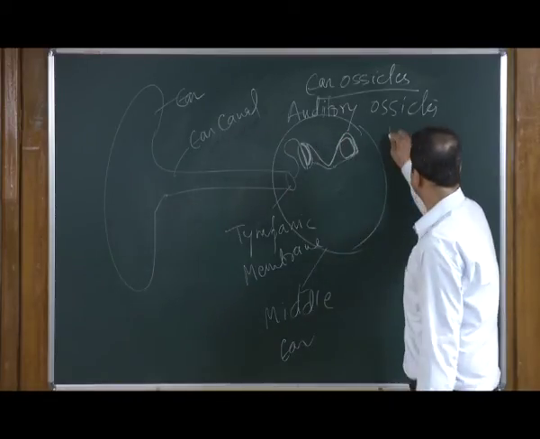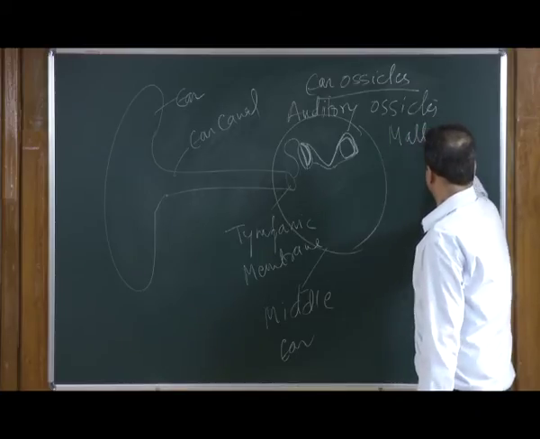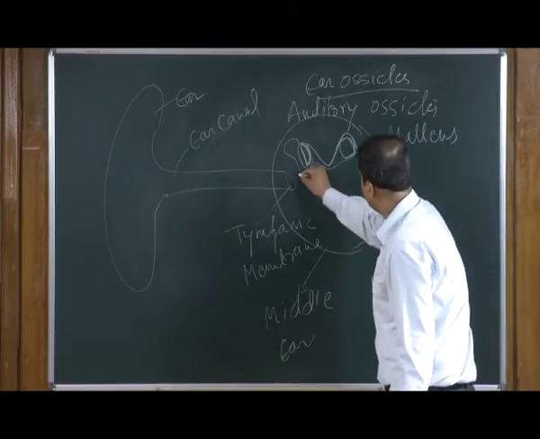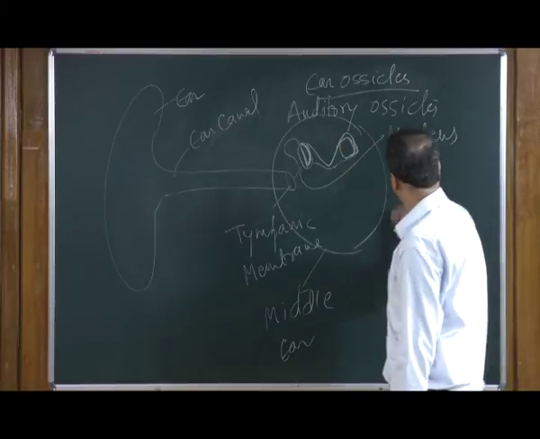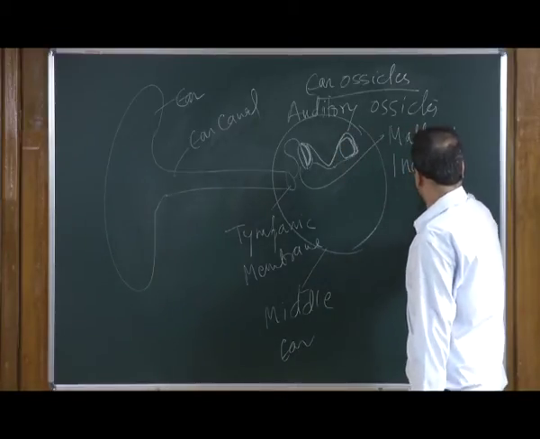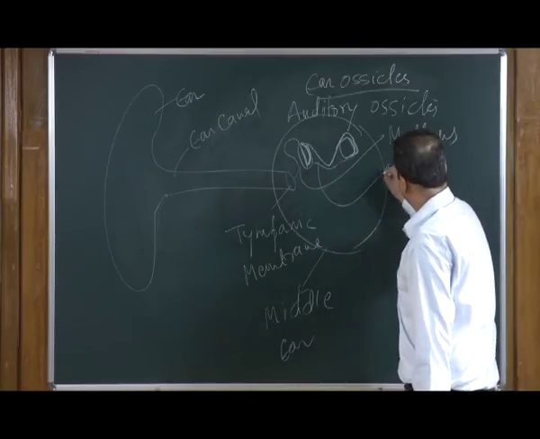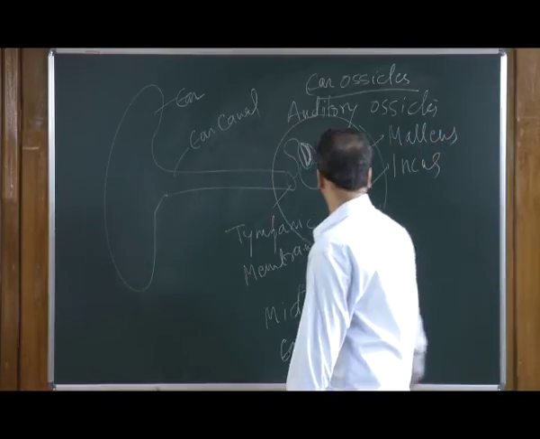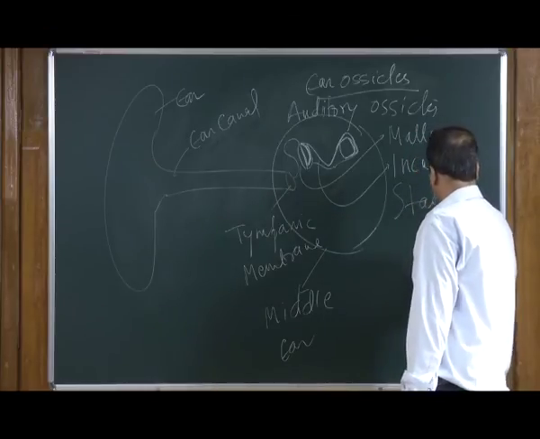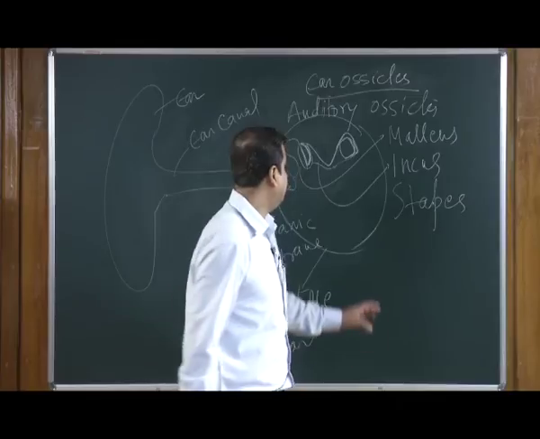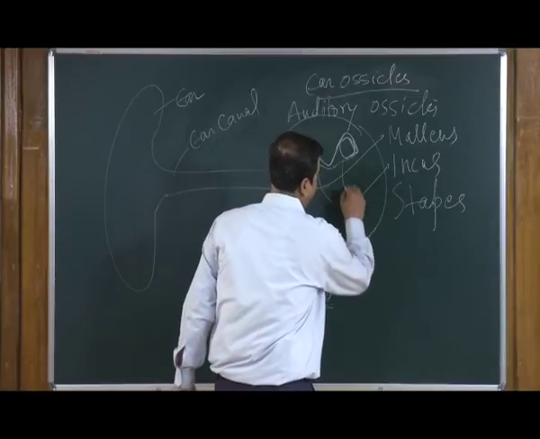So the first one is called malleus, and the malleus is the one which has the hammer shaped structure. The second is called incus, which has the anvil shaped structure, and the last one is called stapes, which is the smallest bone in the body, and that is roughly stirrup shaped.